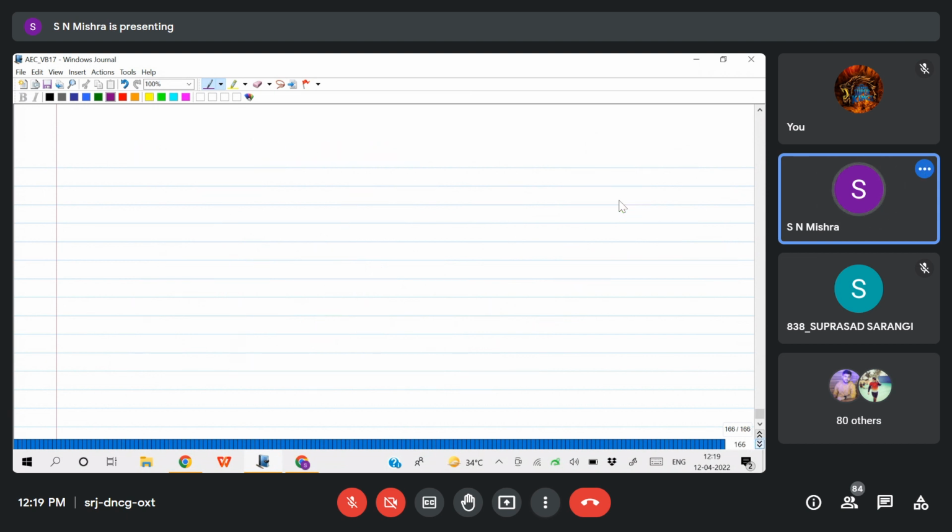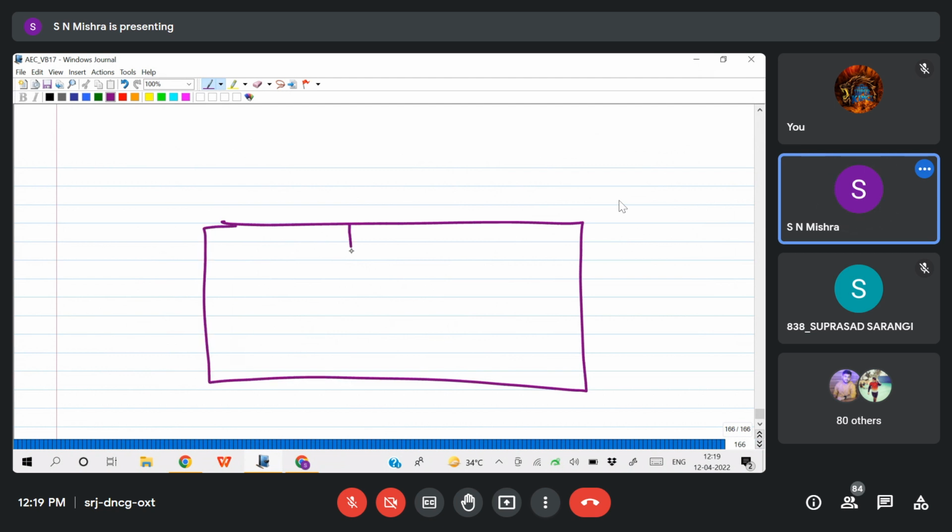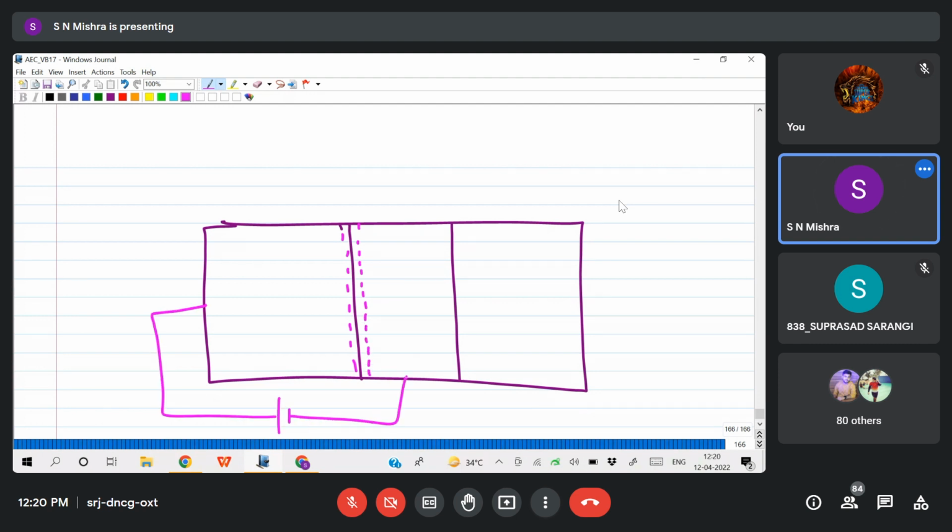Actually, if I take a diagram, look here. This is your PNP, and this is your forward biased junction. The reverse biased junction is this one.